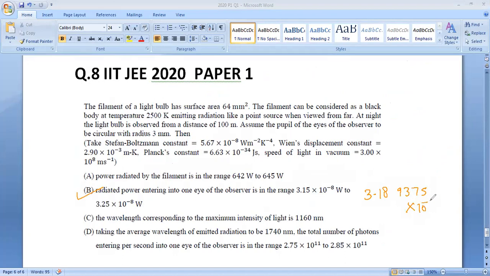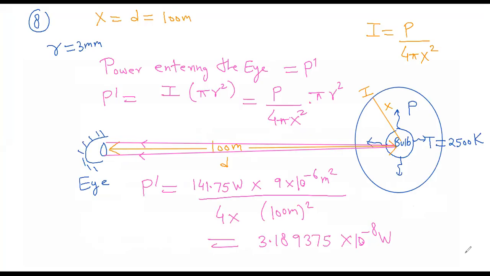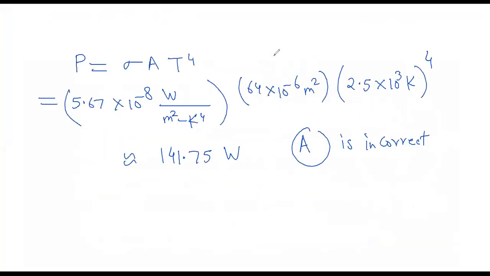Now, the wavelength corresponding to the maximum intensity of light is 1150 nm. For that, we need to apply Wien displacement law. Lambda max into T is constant.